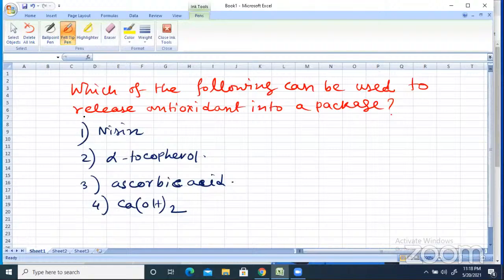Plant extracts and spices contain polyphenols, so they perform antioxidative activity. Alpha tocopherol is found from them. On this basis, alpha tocopherol will be your correct answer.